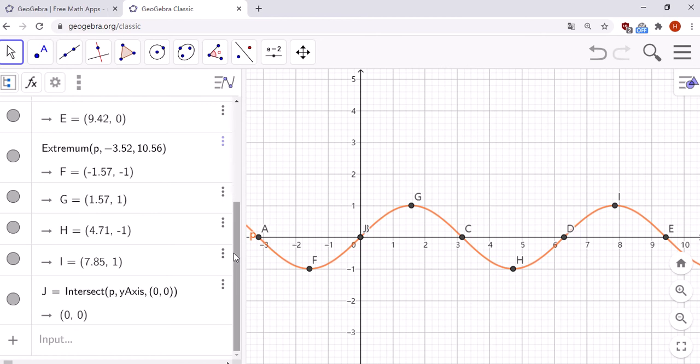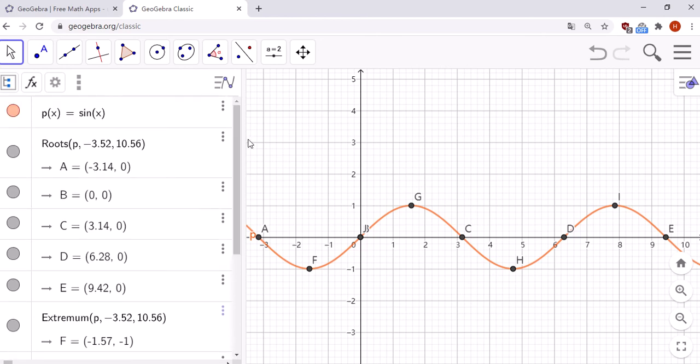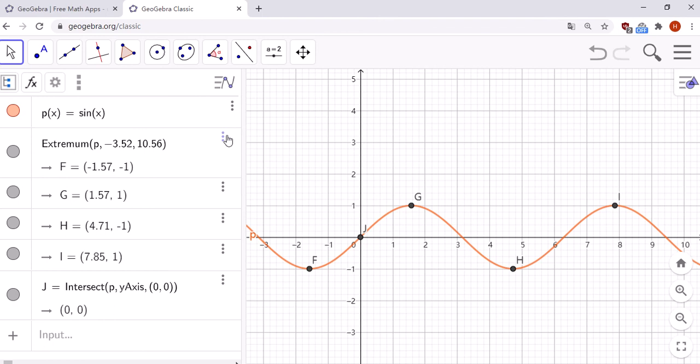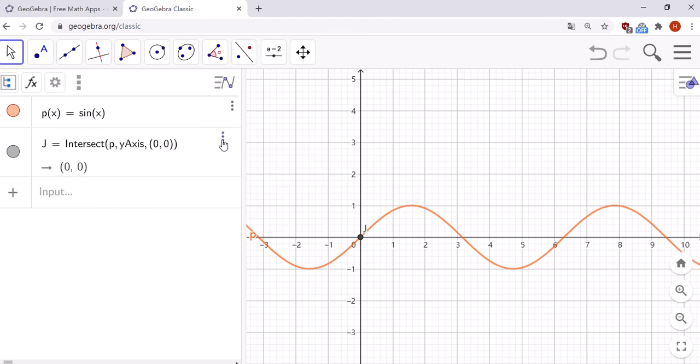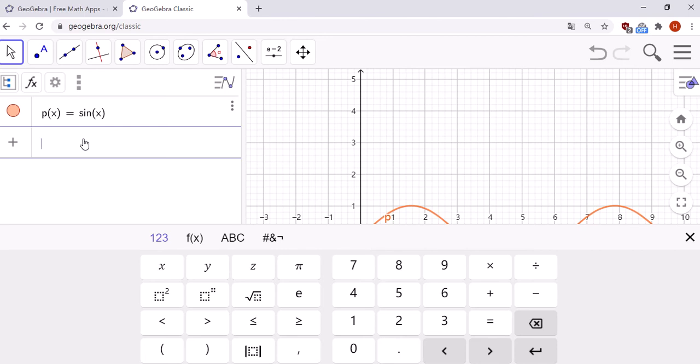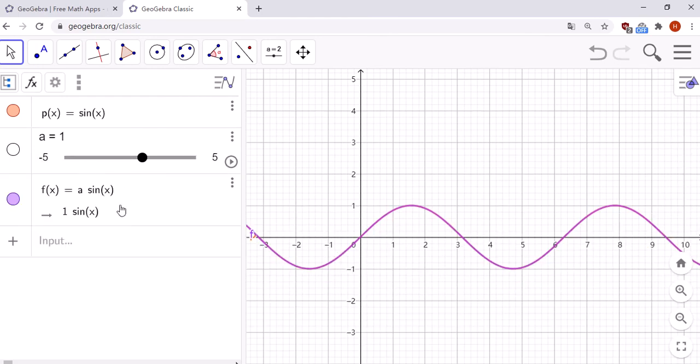Next we're going to change a, so we delete that one first. Input another function f(x) equals a times sin x. Here we get a slider a.